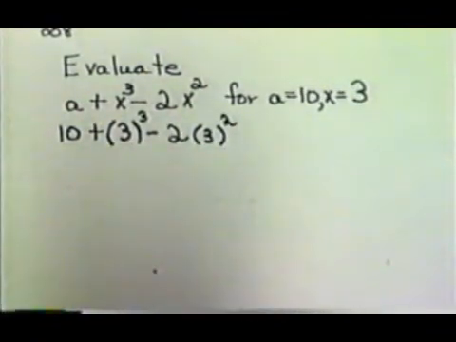Now, once I fill things in, I've got just a problem where I have to do things in the right order. In this problem, since we have no parentheses, the first thing we do would be our exponents.